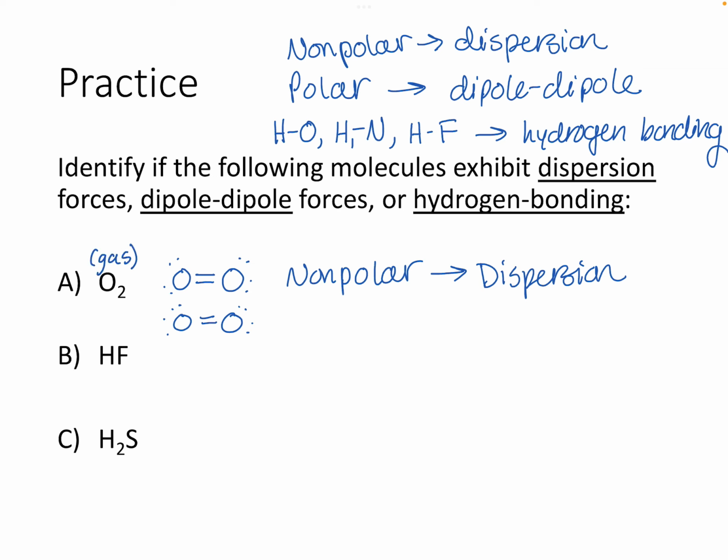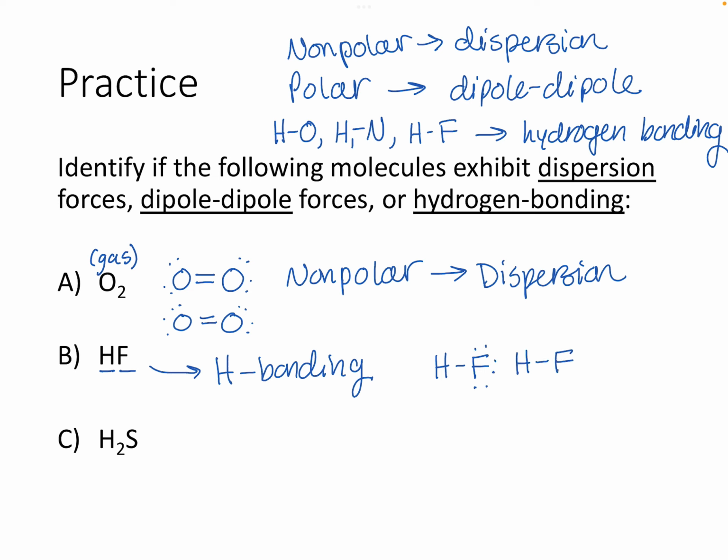All right, let's look at HF, hydrofluoric acid. So right away, I can see we have a hydrogen bonded to fluorine. So that tells me that this will exhibit hydrogen bonding, or H bonding. So I didn't even need to look up the electronegativity values. Just right away I knew this will exhibit H bonding between two HF molecules.